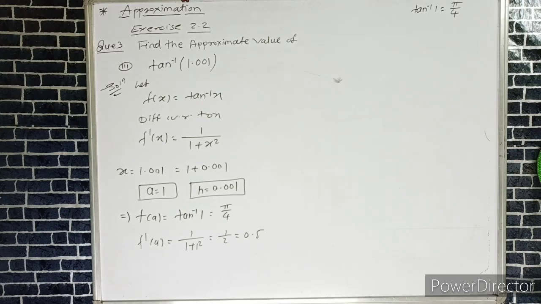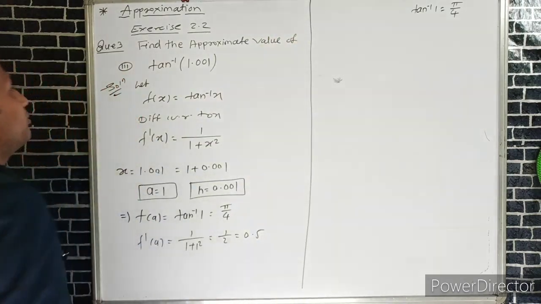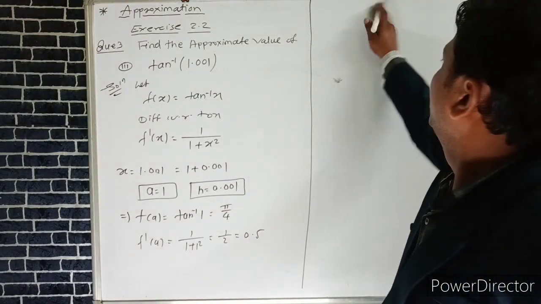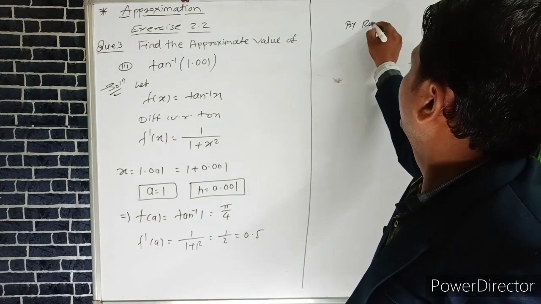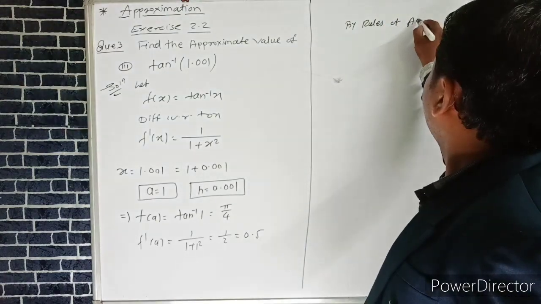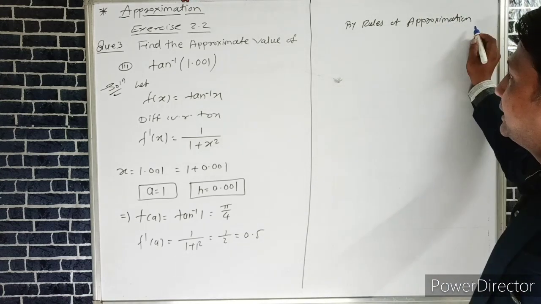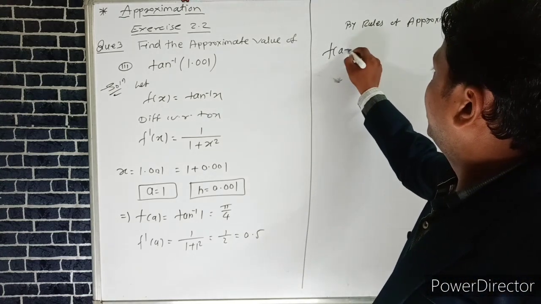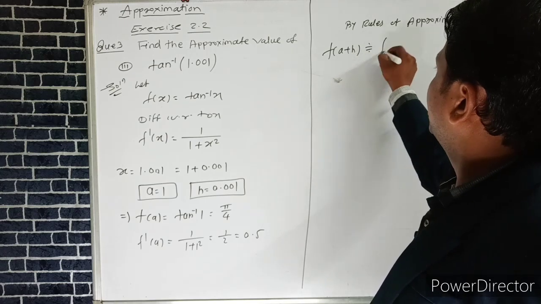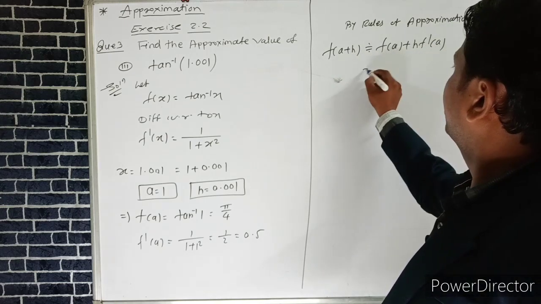Now, if we have to provide the approximate value of tan inverse of 1.001, then by the rules of approximation, we can write f of a plus h is approximately f of a plus h into f dash of a.